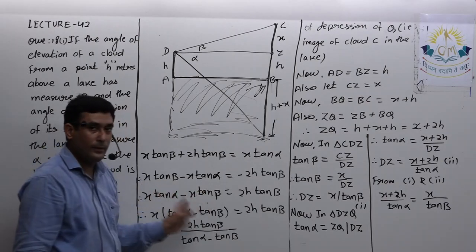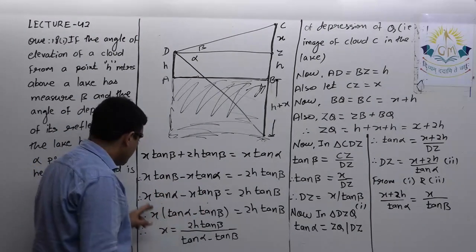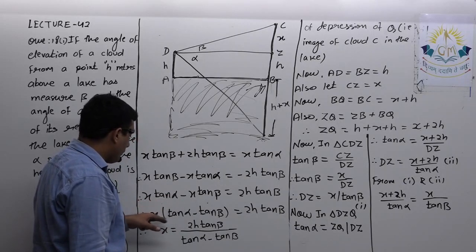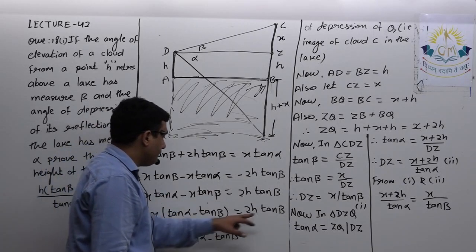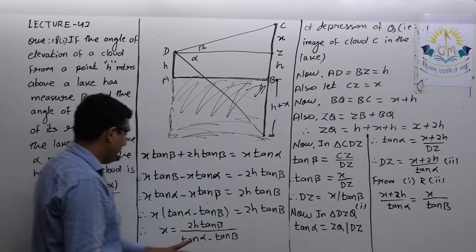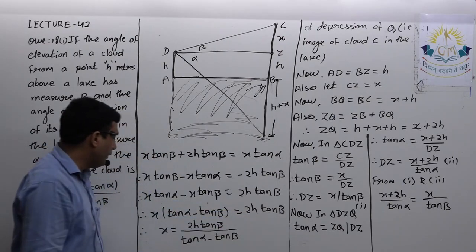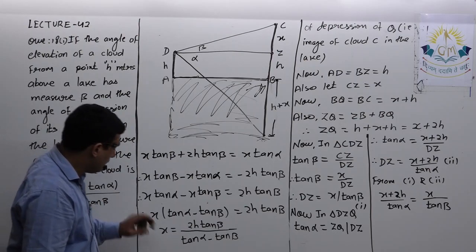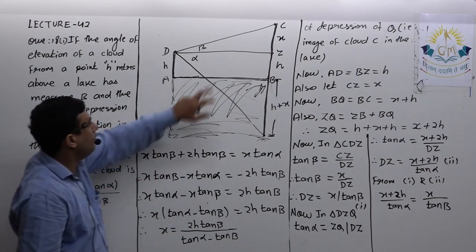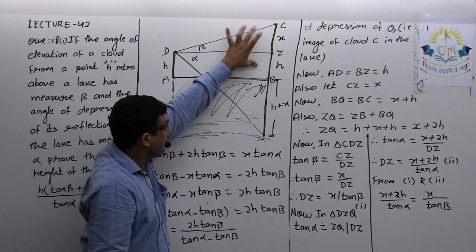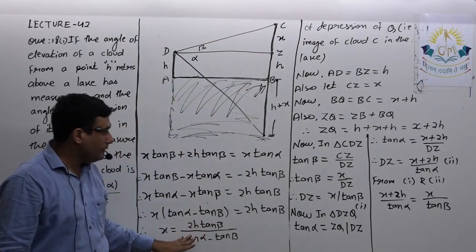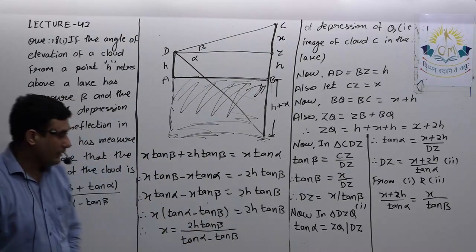That means you can say I multiplied with the minus sign throughout. From these two, I took X common, so tan alpha minus tan beta, and over here it is 2H tan beta. Now this will come over here, so this is the value of X. But we do not require the value of X. We need the value of BC, that is X plus H. So note down this portion, then we'll see it further.